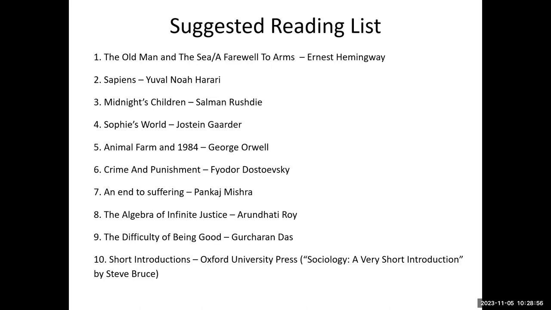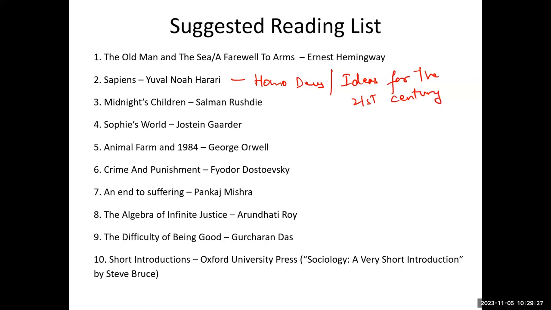Then if you want to read about the history of mankind, there's a very famous book called Sapiens by Yuval Noah Harari. And then the same author has written other books also, like Homo Deus, and then Ideas for the 21st Century.